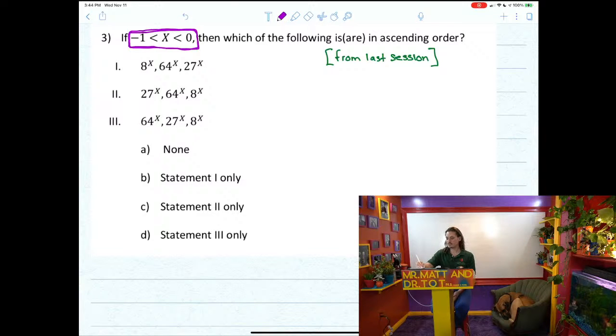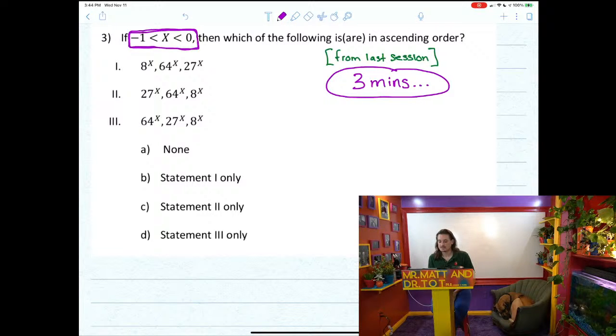But I'll give you 3 minutes and then I'll give you the solution. And number 3 reads, if negative 1 is less than x, which is less than 0, which of the following is or are in ascending order? Statement 1 says 8 to the x power, comma, 64 to the x power, comma, 27 to the x power.